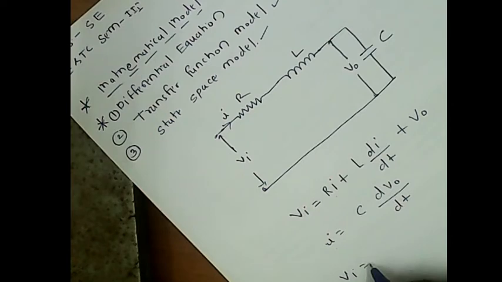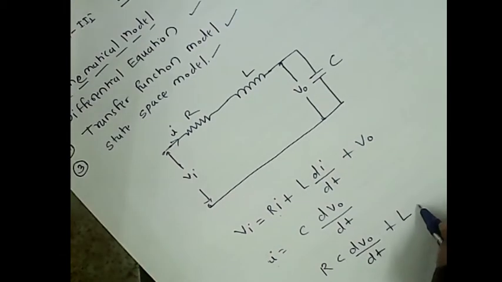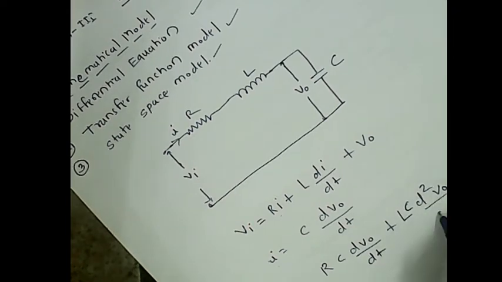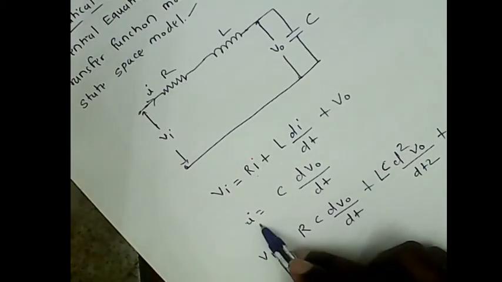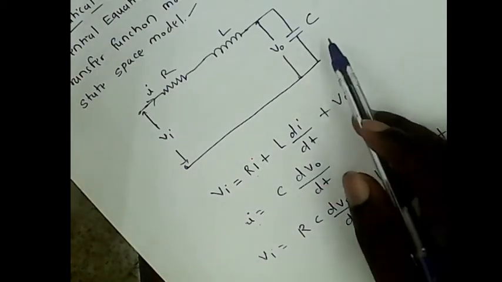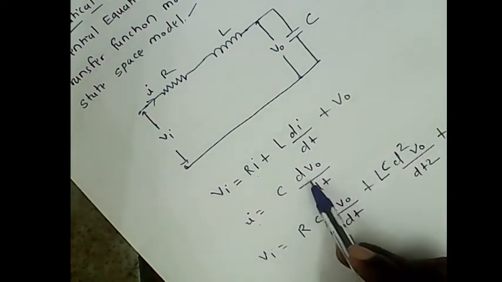So Vi equal to R into C dV0 by dt plus L into C d square V0 upon dt square plus V0 as it is. We can put the current value in terms of the capacitor, I equal to C dV0 by dt.